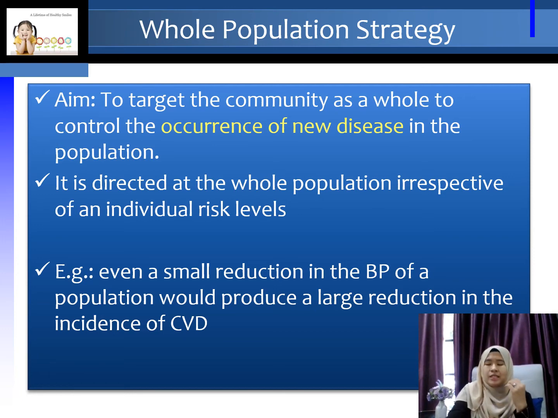What is an example of a whole population strategy that you can think of? For dental, one example I can share is water fluoridation. In Malaysia, for example, we give it to the whole population. We do not select which person we want. We give it to everyone.